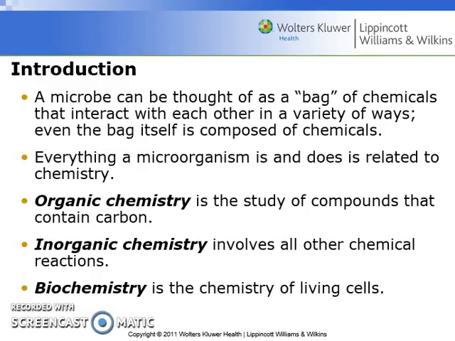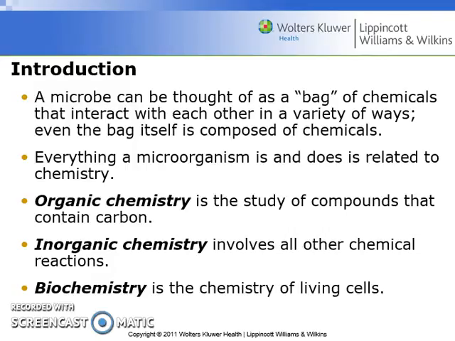So when we think about a microbial organism, we think about essentially an organism that is made up of many different chemicals. So your book refers to it as a bag of chemicals. And these chemicals will work together in order to enable the cell to survive that makes up the organism. So just think about having a bag and having different chemicals inside of it.